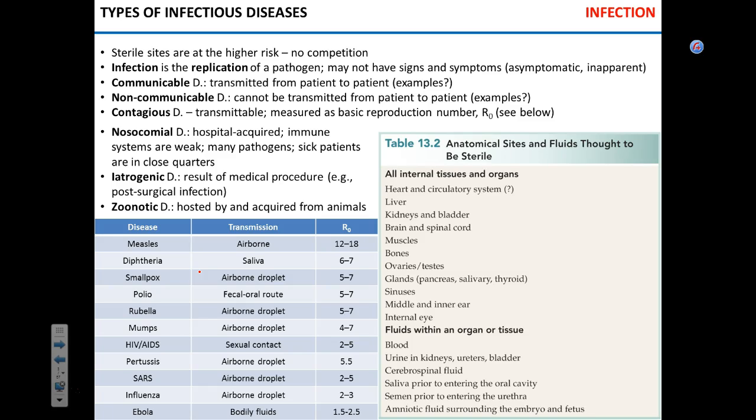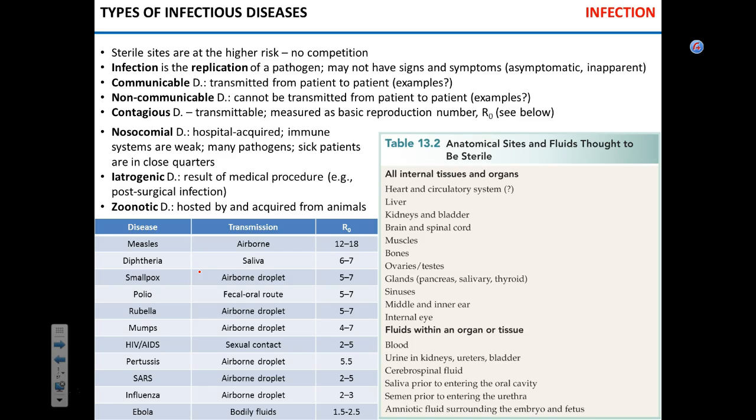Saliva, before it enters the mouth. Any secretions, like mucosal secretions, before they enter the gut tract. The brain is sterile, although there are some suggestions that it's not. Cerebrospinal fluid is sterile. Spinal cord is sterile. Blood is sterile. Urine before it enters the urethra is sterile. We're mostly sterile. So if a microbe gets into one of those sterile sites, we're boned.